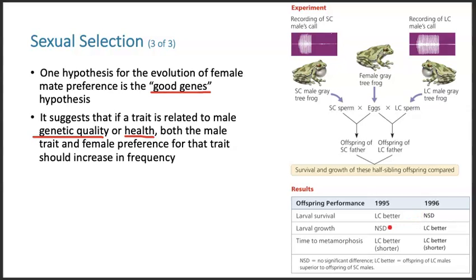In the larval growth, and when we say larval, remember we're talking about tadpoles here, the larval growth in 1995 for the long calls and short calls was about the same, but in 96, the larvae survived better. In time to metamorphosis, the ones who called longer had offspring who had shorter metamorphosis times, so changing from tadpole into adult. So the long call seemed to be better in that it allowed the offspring to become sexually mature quicker.